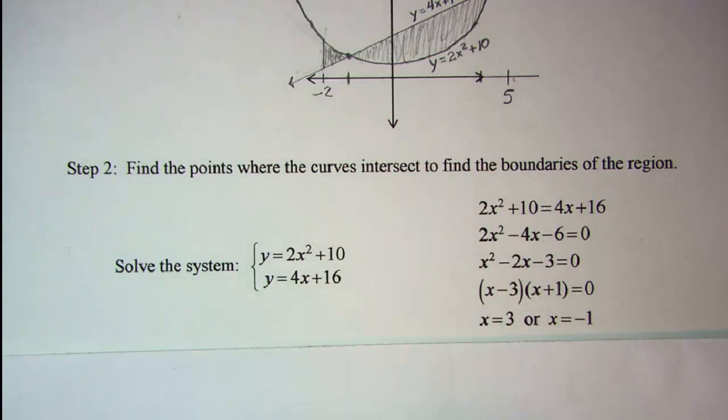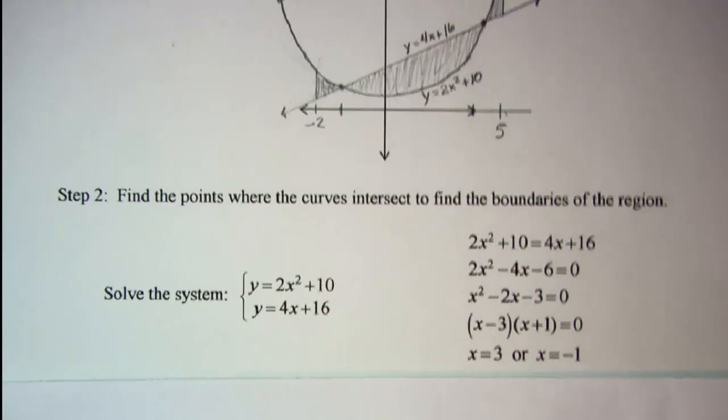When we have 2 factors multiplied together and the product is 0, then we can set each factor equal to 0. When x minus 3 equals 0, we get x equals 3. And when x plus 1 equals 0, we get x equals negative 1.